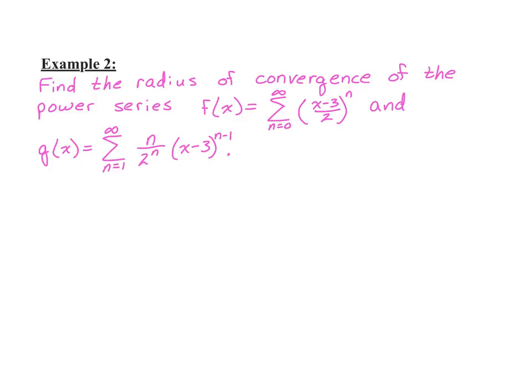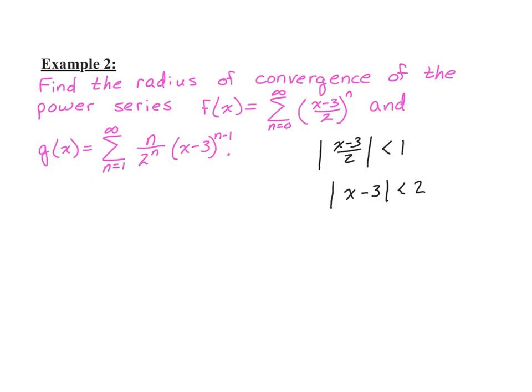And this will converge if the absolute value of this is less than 1. Now, if you multiply your 2 to the other side, that is going to give you absolute value of x minus 3 is less than 2.